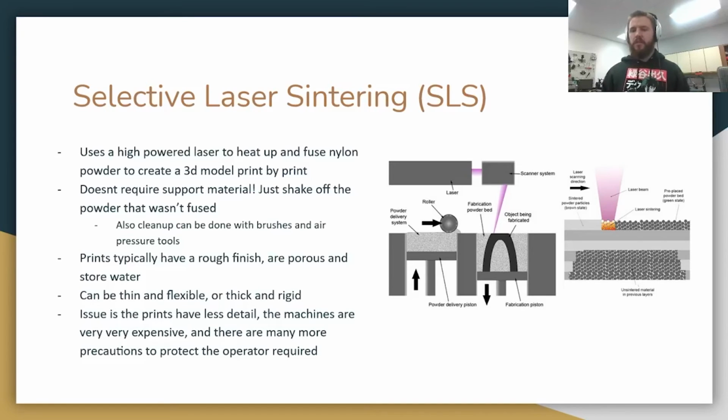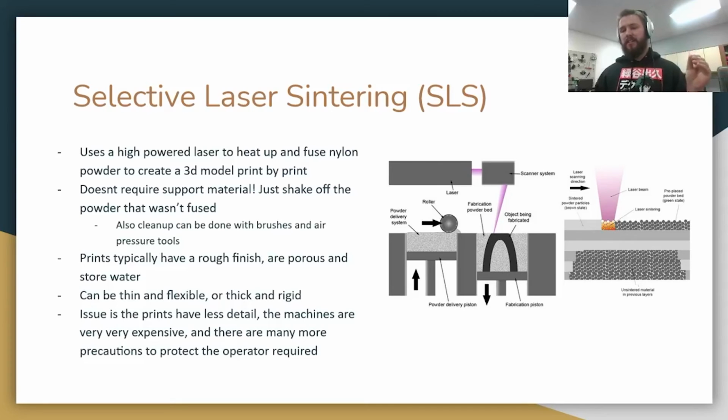Some of the downsides to it, though, is that the prints kind of have a gritty texture, kind of like sandstone. The reasoning for this is because it's not as accurate as UV light hitting resin. There's going to be some grit after you bond these powder atoms at the atomic level.